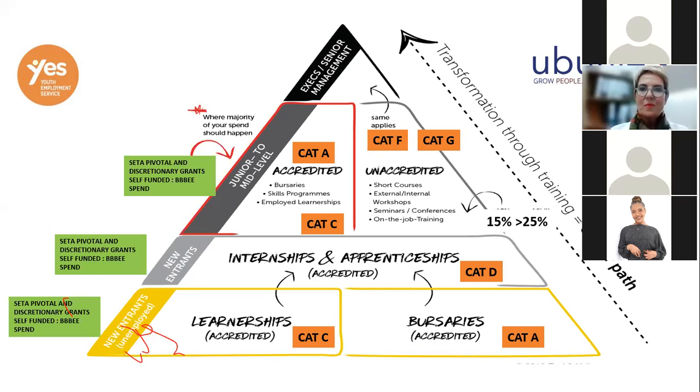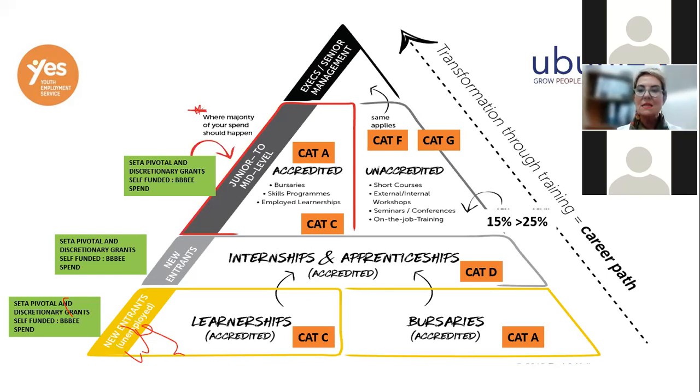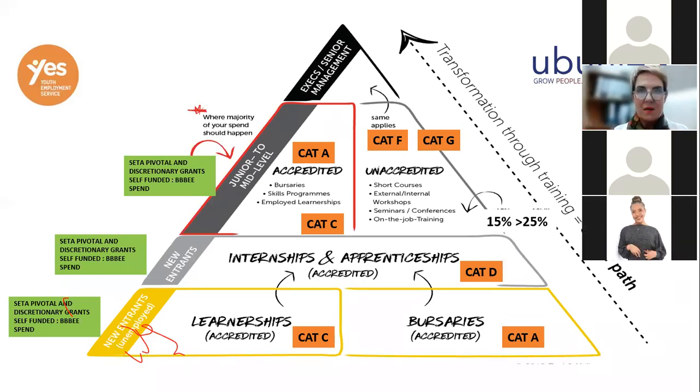So by planning well, by taking time out, not rushing your WSP, but really sitting down and working out a proper skills development strategy, you can actually develop a workplace skills plan that supports the business with the funding available, but that also supports your BBBEE strategy.